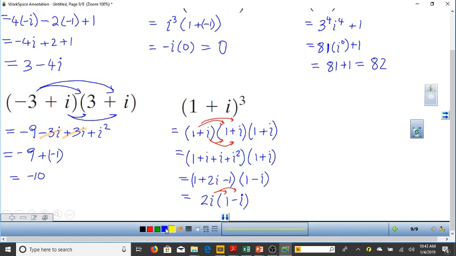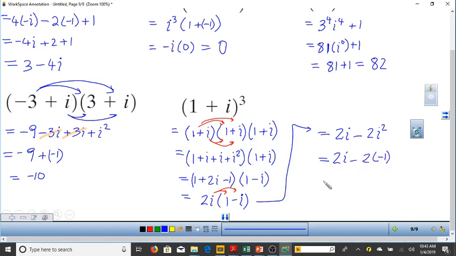And that is equal to 2i minus 2i squared, which is 2i minus 2 times negative 1, which is positive 2 plus 2i. And there you have it.